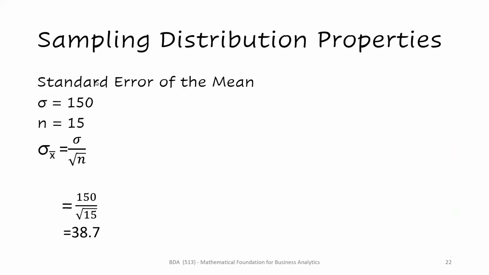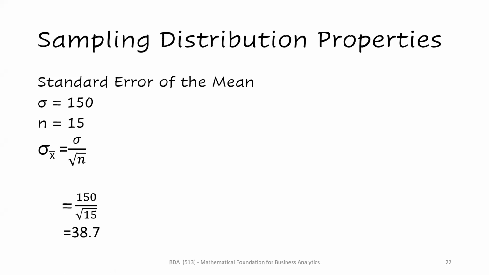Therefore, if we want to calculate the standard error of the mean, it is the standard deviation, which is denoted by rho, divided by the square root of the sample size, which is 15. So we get 150 divided by the square root of 15, which gives us 38.7. Are we okay with the standard error of the mean?